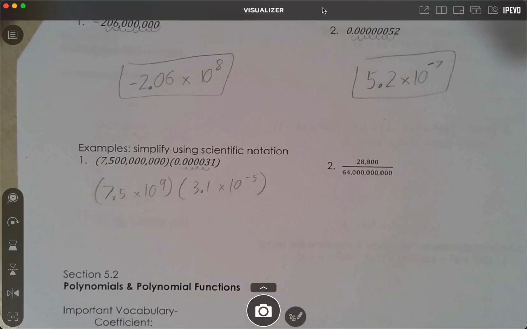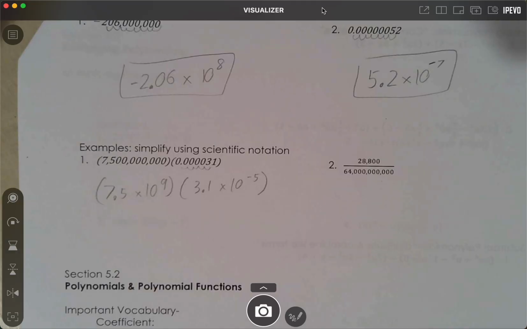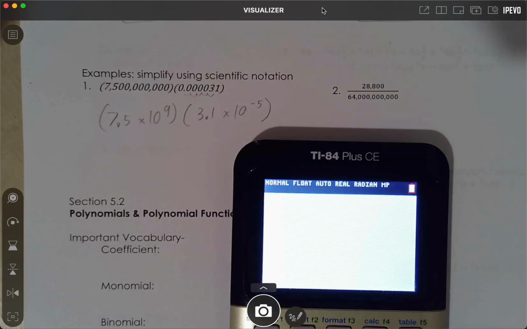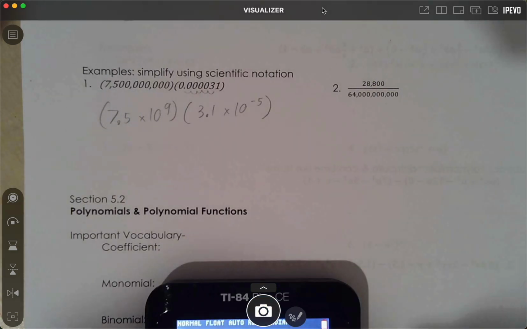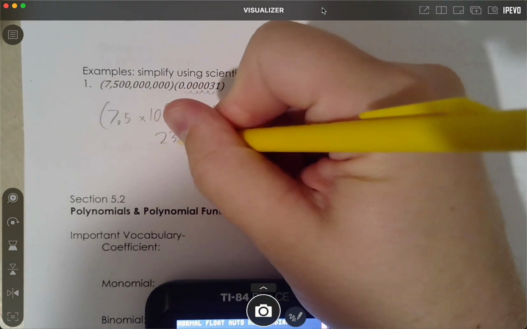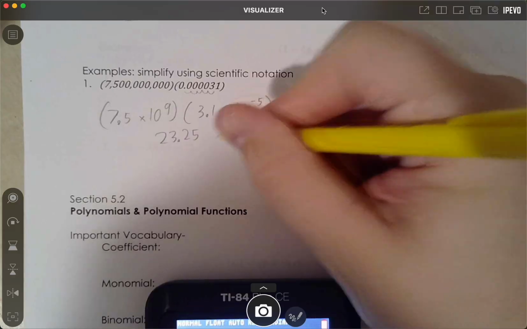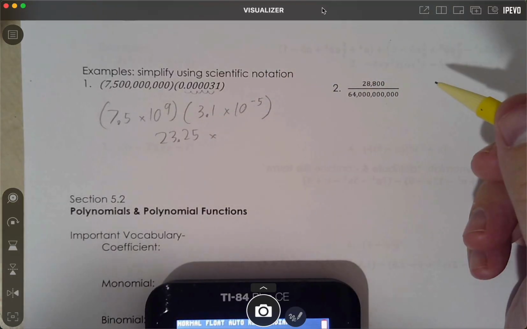Now, what's cool about this is since these are multiplying, we can now take advantage and just use a basic calculator with those smaller values. So I can take my 7.5 and multiply my 3.1, which is 23.25. Times 10 to the, and here's where we learned our exponent rules.